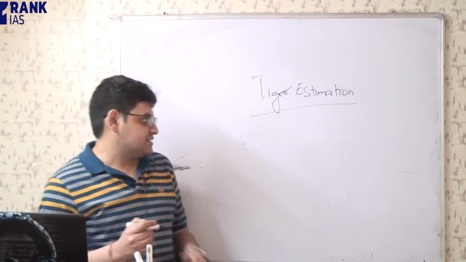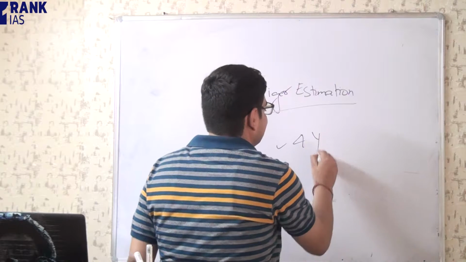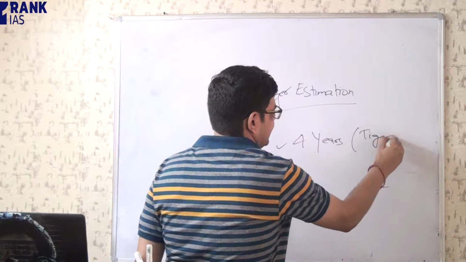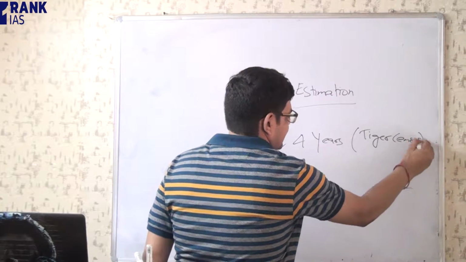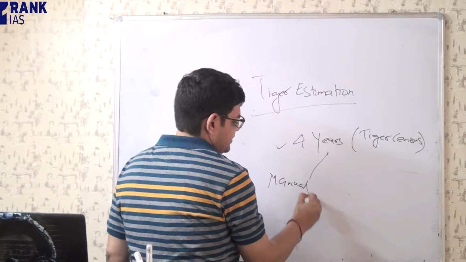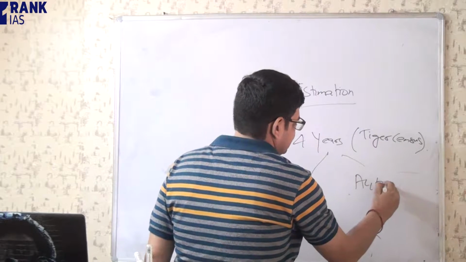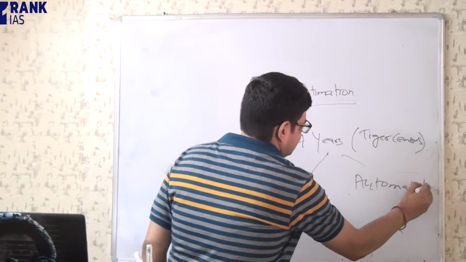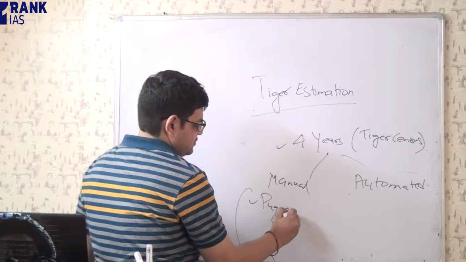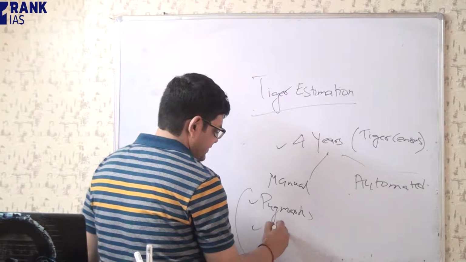So every 4 years a tiger census is taken in India. There are both manual and automated methods of taking the tiger census. Manual methods are now on the decline. Initially it was based on pug marks or sighting.